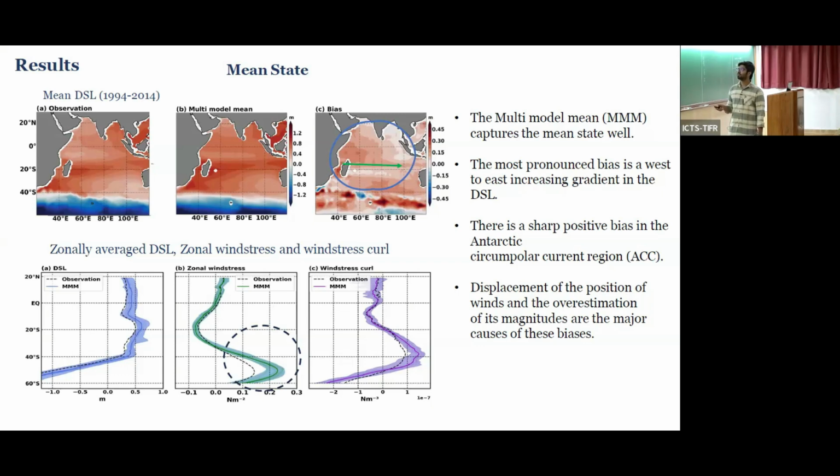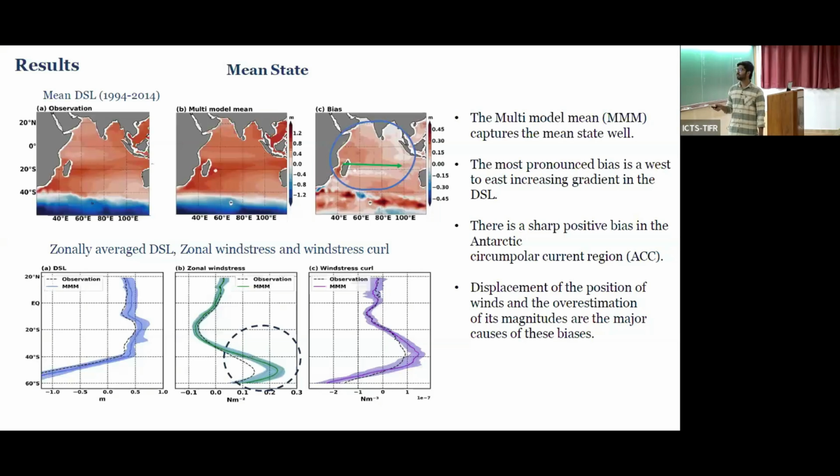This dark blue line is the multi-model mean, and the dashed black line is the observation, and the individual lines and the shading show the spread of the models. So all over we can see there is a positive bias which is a bit high in this region. And some notable difference in the wind stress is a larger difference in the southern ocean region.